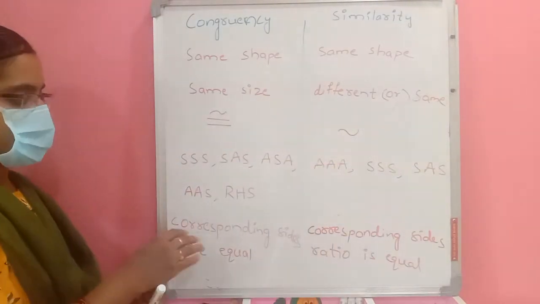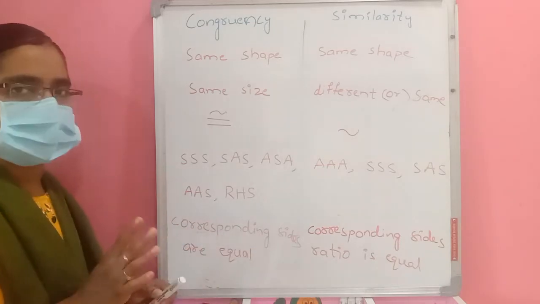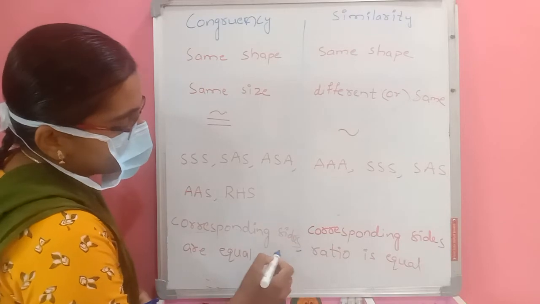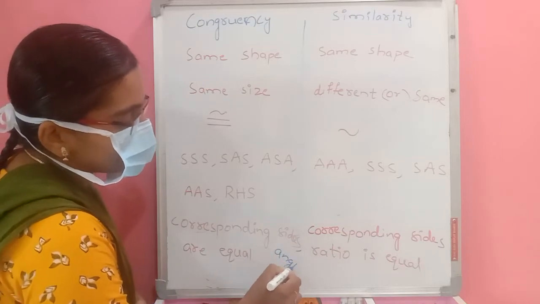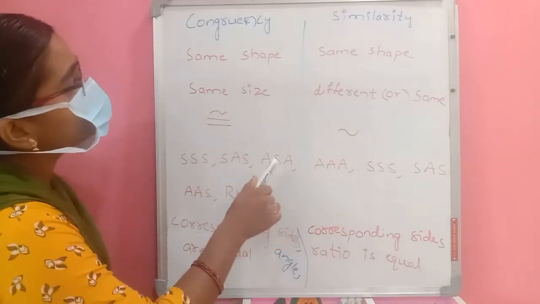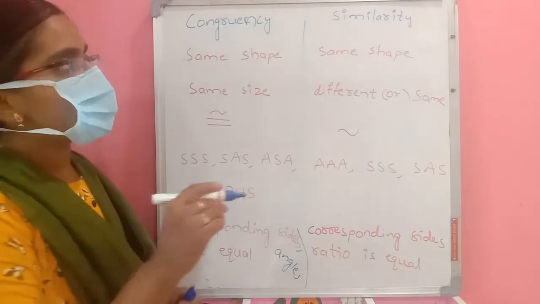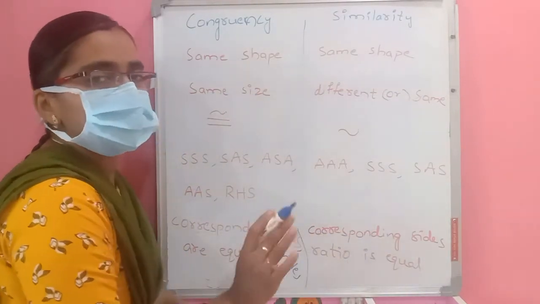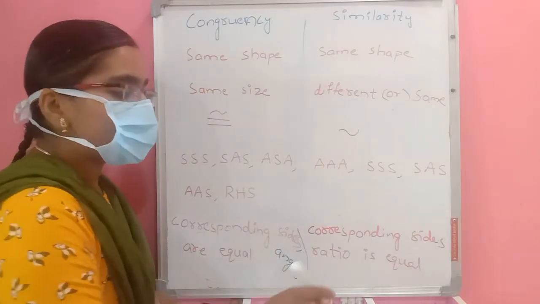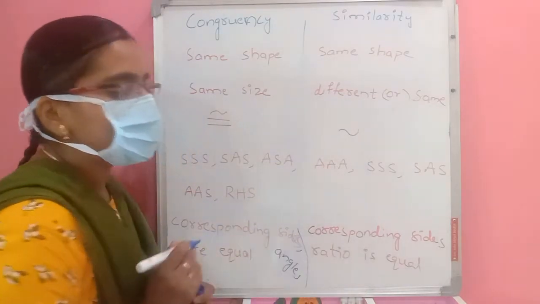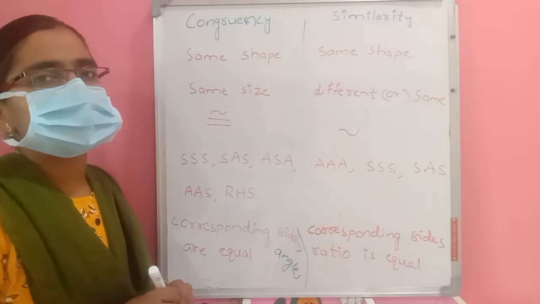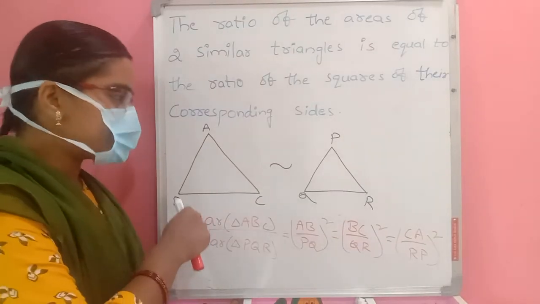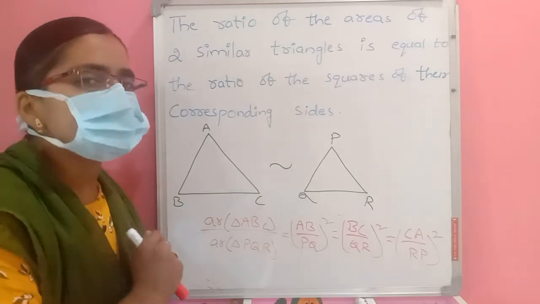In congruency, corresponding sides and corresponding angles are equal. But in similarity, the ratio of corresponding sides is equal. That is similarity.